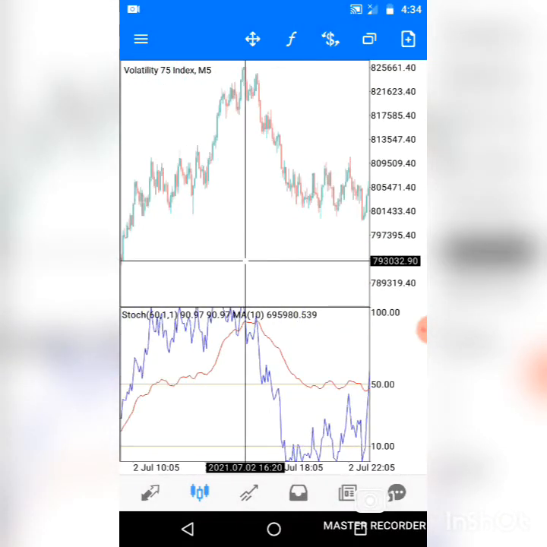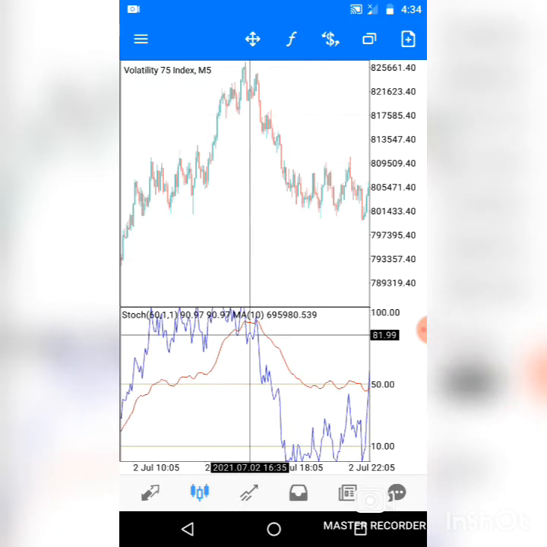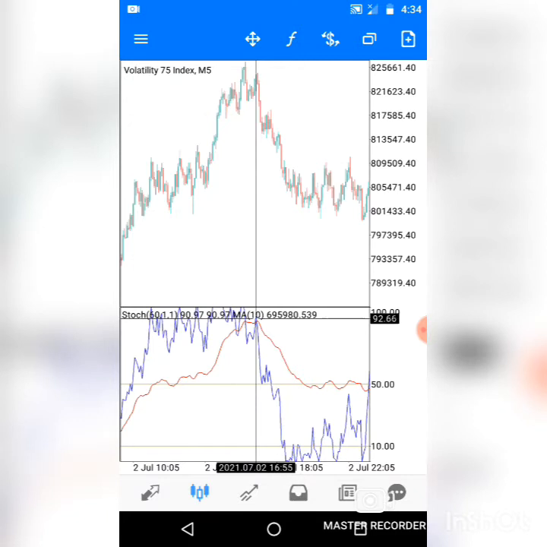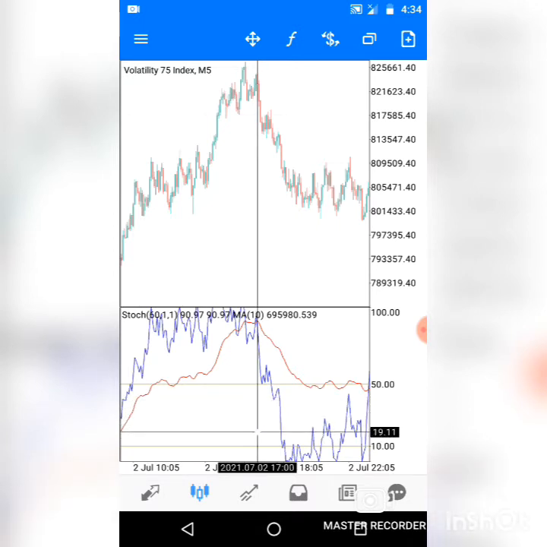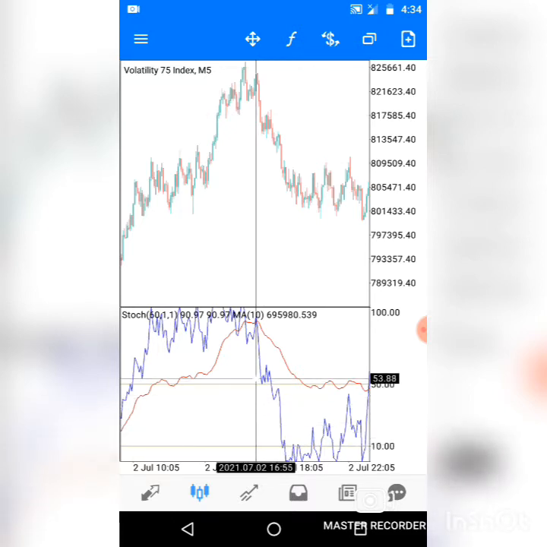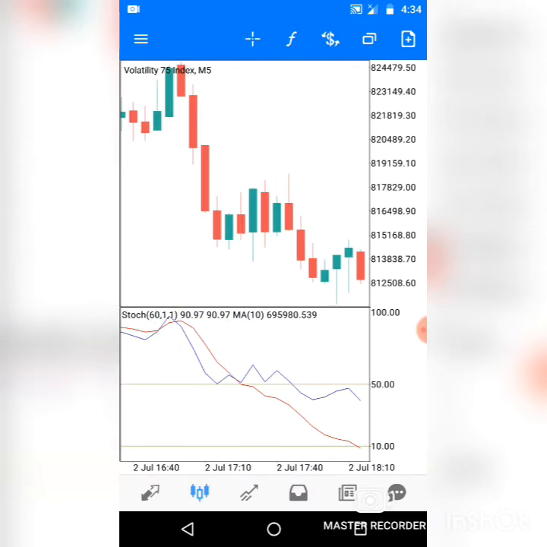See this one. Here, when it crosses like this, you enter your sell. Then somewhere here, at 50 or less than 50, or exactly 10, you are supposed to be out of the market. You see how it works? This is how it will look.